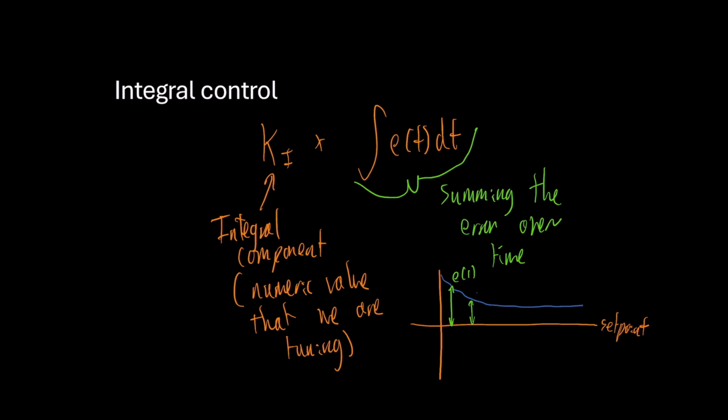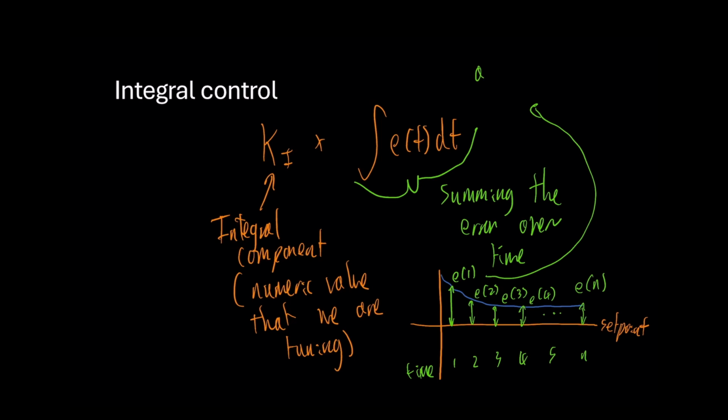What's the error over here? That's error 2. Over here, and then all the way down to the error at time n. This could be seconds, so time 1, 2, 3, 4, 5, n, whatever. What summing the error over time means is we take these values and we add them together.